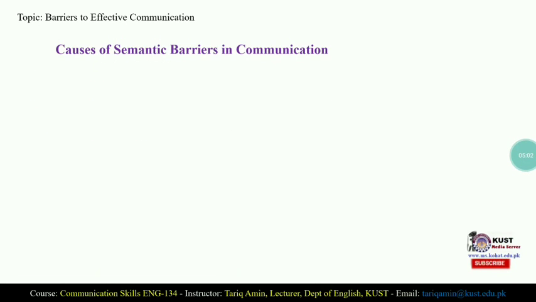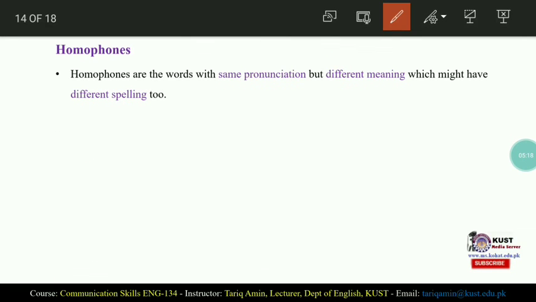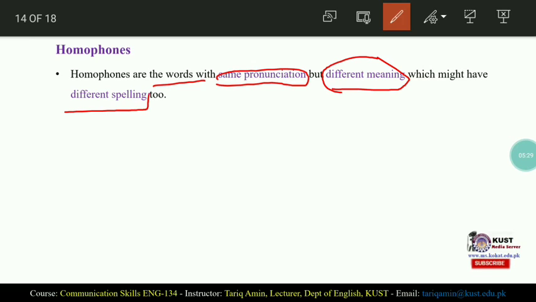Now, causes of semantic barriers in communication are homophones, homonyms, and homographs. Now, what are homophones? Homophones are words with the same pronunciation but different meaning and different spelling.